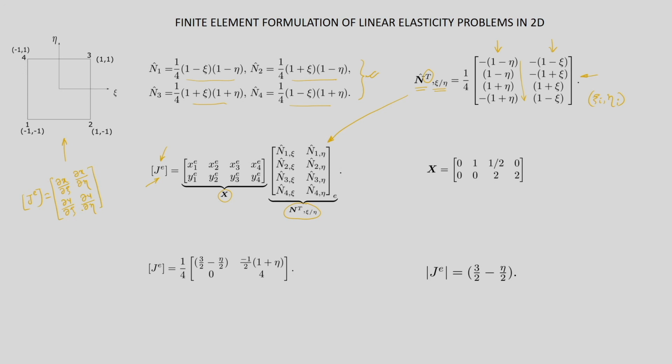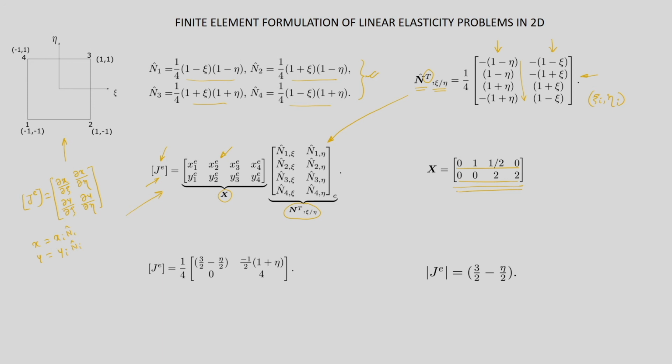That was the expression for the Jacobian, and then we replaced x as xi ni and y as yi ni, and we come up with this relation. So for the problem in hand, this coordinate matrix X appears to be this. These are all the x coordinates of the nodes 1, 2, 3, 4, these are the y coordinates of the nodes 1, 2, 3, 4. That is exactly this matrix.